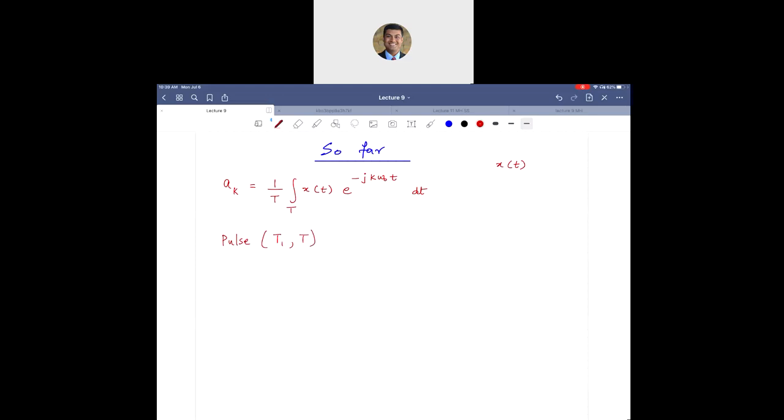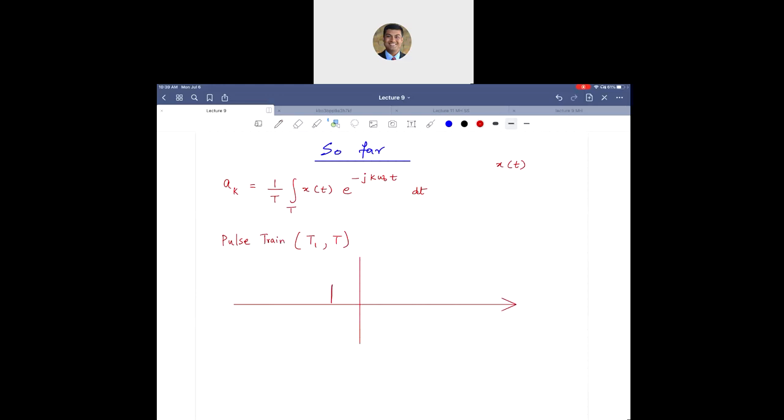Let me take a look at that definition right here quickly. Let's see. We said pulse train. T1 was the time period for which the signal was on. This was centered around 0.